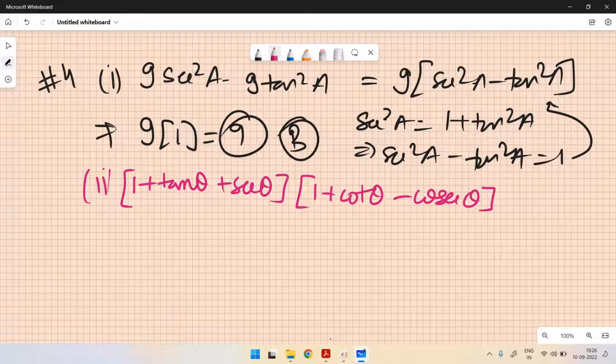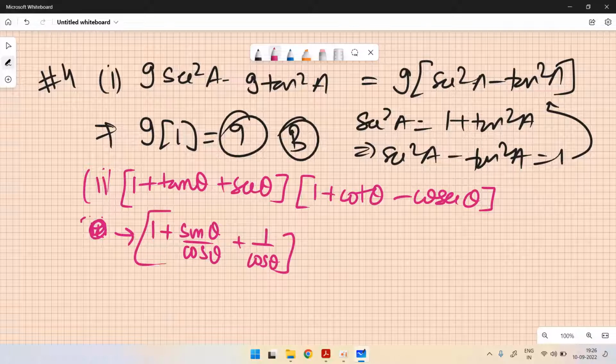If you clearly look at this, tan theta is sin theta by cos theta, and 1 by secant theta is 1 by cos theta. And 1 plus cot theta is 1 plus cos theta by sin theta, and minus 1 by cosecant theta, where cosecant theta is 1 by sin theta.